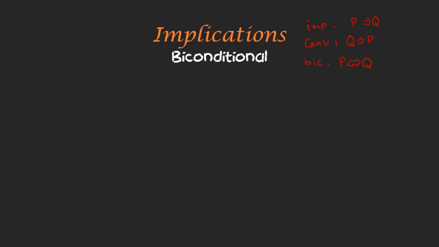Why can we say P if and only if Q? Remember that P implies Q is the same thing as saying P only if Q. And Q implies P, we could say that by saying P if Q. Remember those equivalent ways to state an implication.